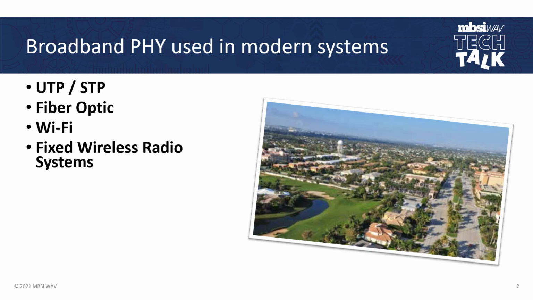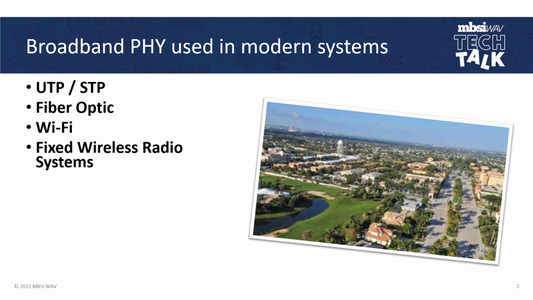Wi-Fi is a broadband PHY that's used in modern systems. It's real common to get the protocol and the other nuances of Wi-Fi mixed up with the physical layer, but the radios themselves, the transmitter and the receiver that sends and receives data, are actually physical layer devices.